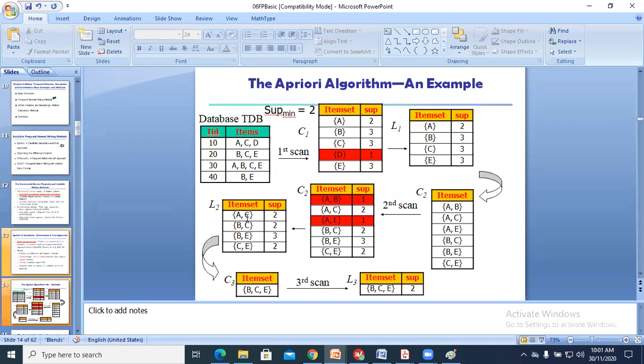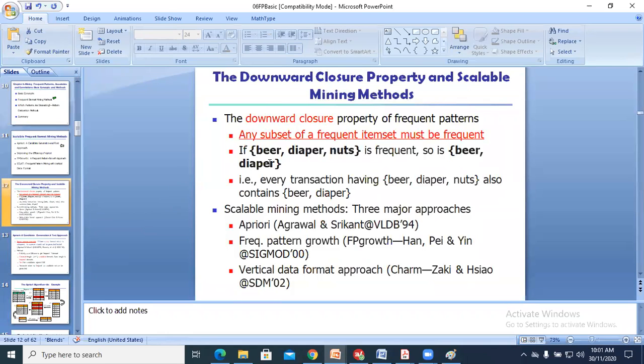Now we will use the pruning method here. Because you see here in the pruning method, if beer and diaper do not satisfy the minimum support criteria, or they are infrequent, it means that beer, diaper, and nuts are also infrequent.